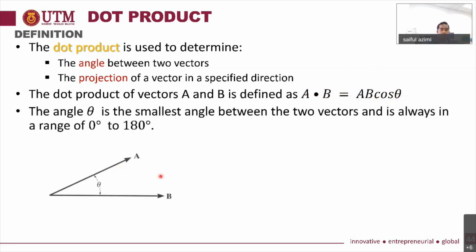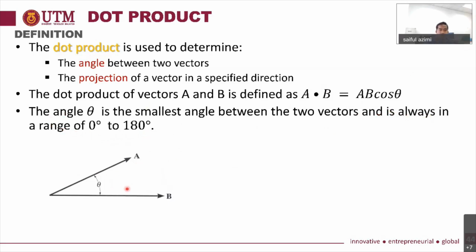So this representation is shown here. This is vector A and this is vector B. A dot B equals the magnitude of vector A times the magnitude of vector B multiplied by cos theta. Theta is the angle between vector A and vector B. The angle theta is the smallest angle between the two vectors and is always in the range of 0 to 180 degrees.